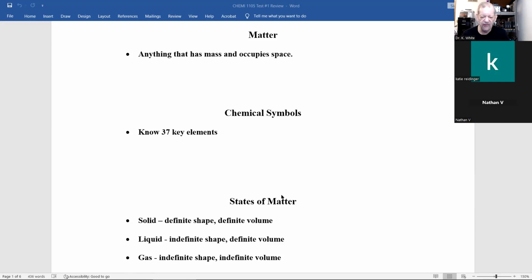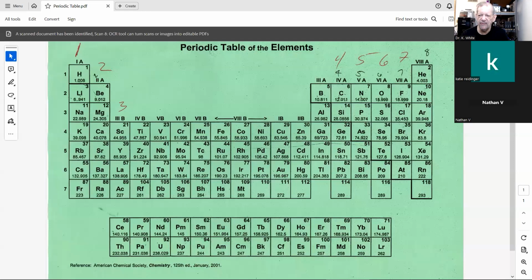Now, let's look at the periodic table. Here's the periodic table you should use, which you'll be able to download from the test number 1 assignment area. And you need to know, hopefully you've learned them by now, such as H is hydrogen, O is oxygen, Ag is silver, Au gold, and so on.